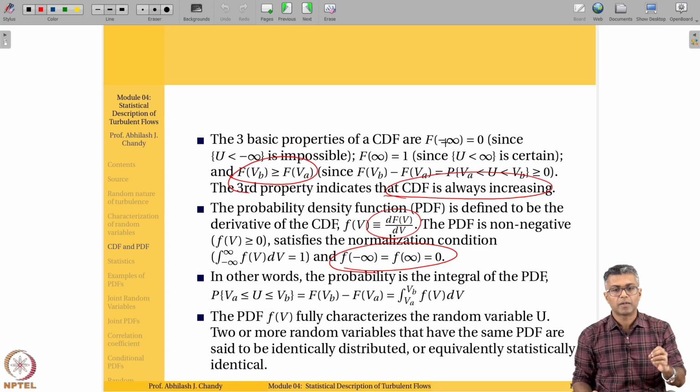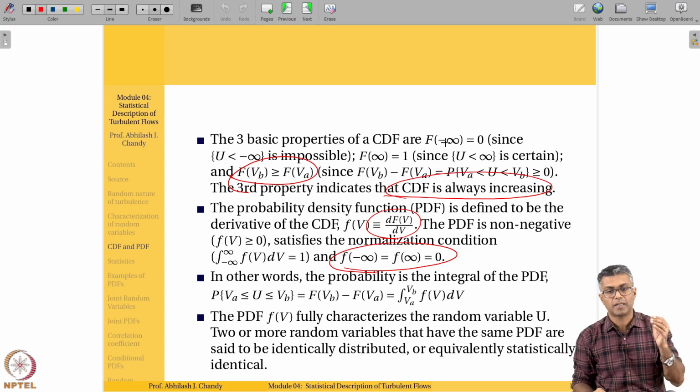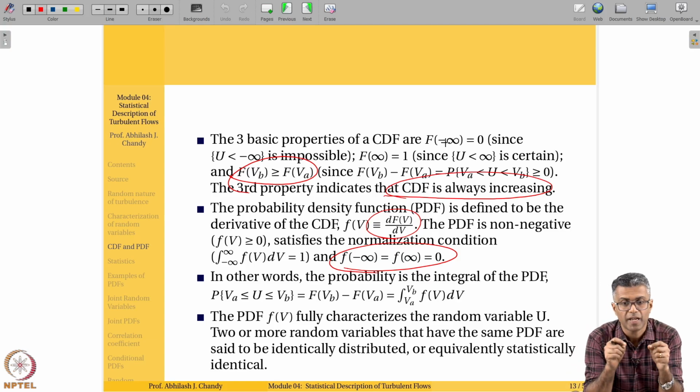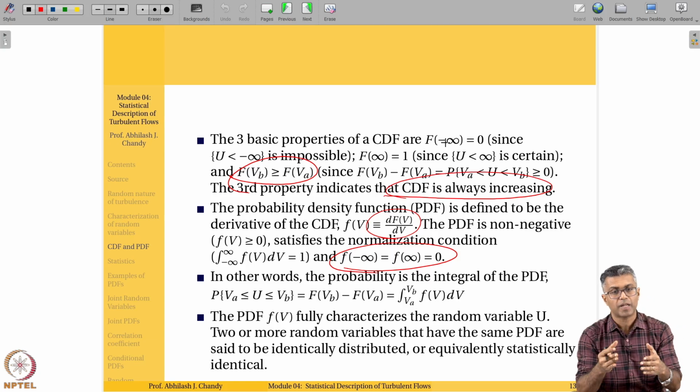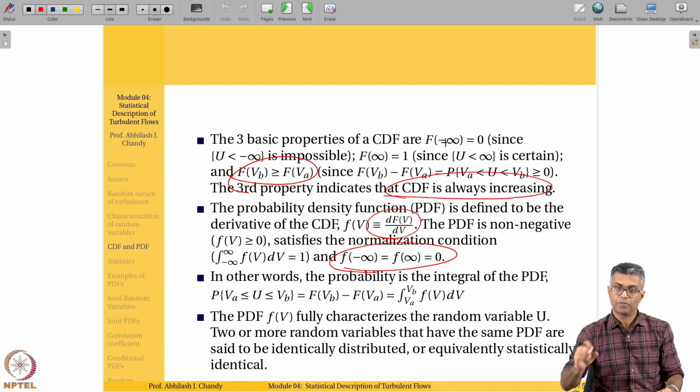So, in other words, the probability is the integral of the PDF, and that is why it comes out to be 1. So this PDF fully characterizes the random variable, because it predicts the probability of every event happening with respect to the velocity.